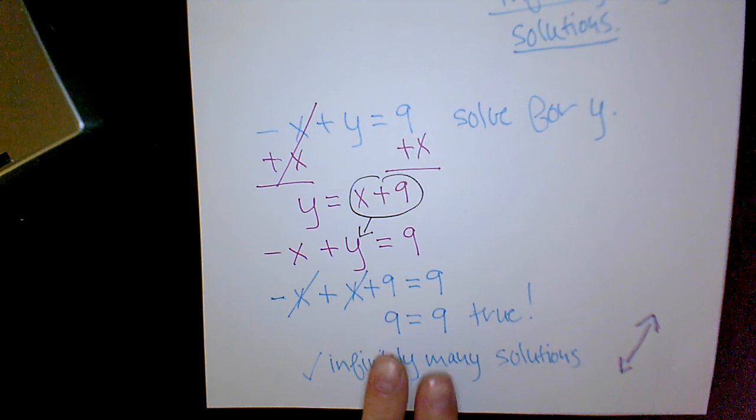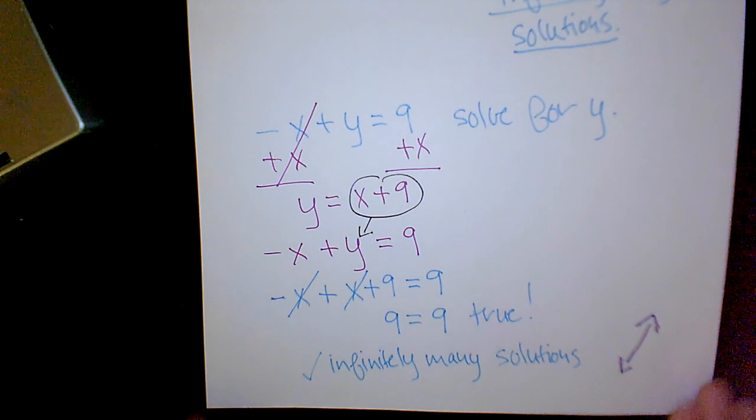So when the two equations come down to two numbers that are equal, could be 0 equals 0, 10 equals 10, that's infinitely many. They intersect on both lines everywhere, in infinitely many places.